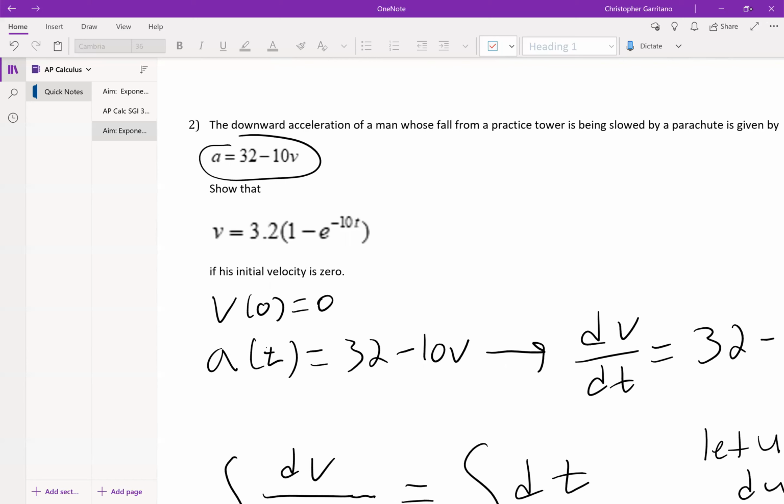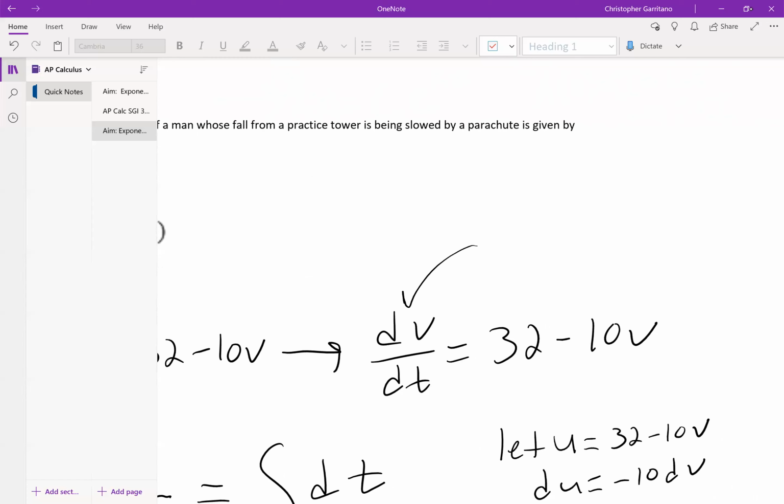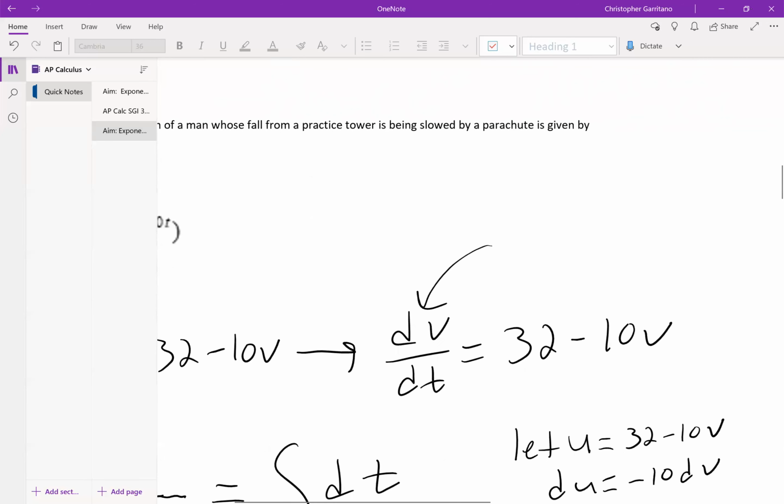And so acceleration is, of course, the rate of change in velocity over time. So instead of writing this left side as a of t, I can write it as dv dt. Expressing it this way allows me to see what's changing as time moves on, and it is velocity that is changing when we're talking about an acceleration function. And so we can re-express this as dv dt is equal to 32 minus 10v.